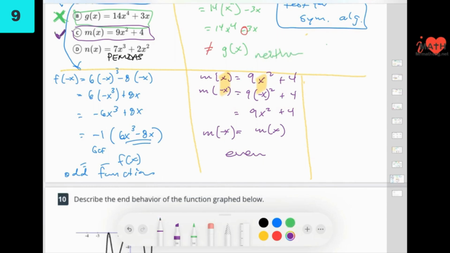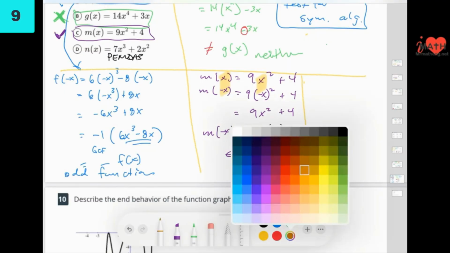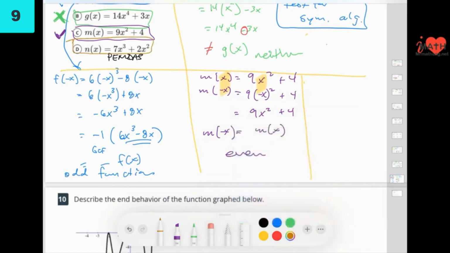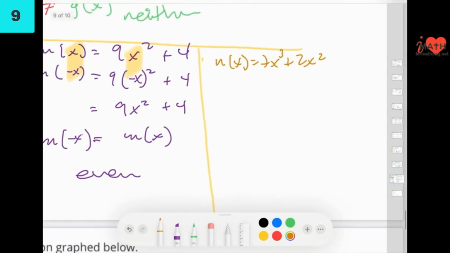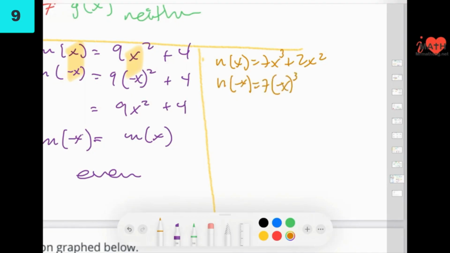And let's just double check that the other one was wrong. Let's do this one in orange. N of x equals 7x cubed plus 2x squared. And so n of negative x equals 7 times negative x cubed plus 2 times negative x squared.